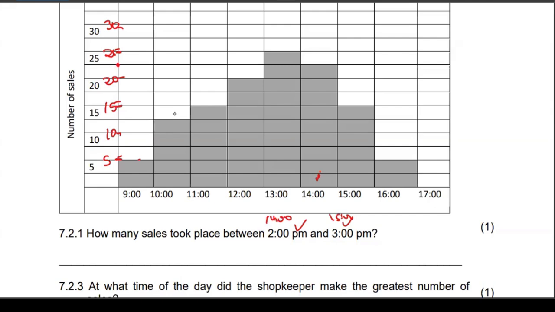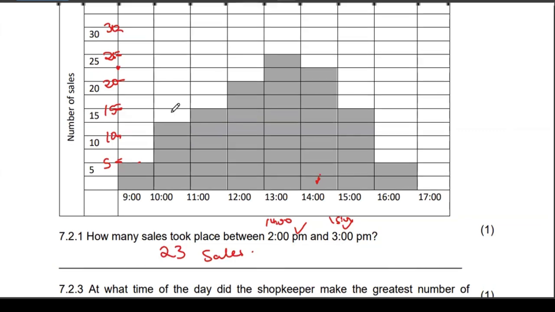It's in between 20 and 25, which is like 23 sales. We just estimate, since remember we're dealing with sales that are whole numbers, we cannot have half a sale or a quarter of a sale. Otherwise, it would be 22.5 sales. But in this case, I'll say it's 23.